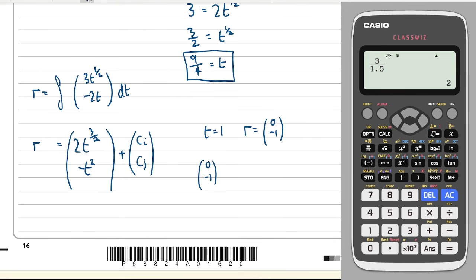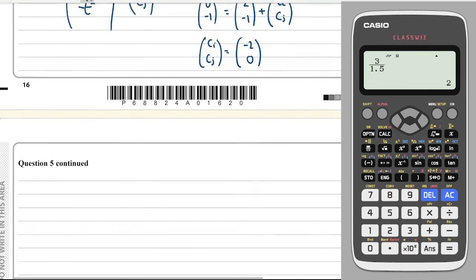When t is 1, this gives me 2. And when t is 1, it gives me minus 1 here, plus ci cj. So that tells me that ci is equal to minus 2 on the top line, because 0 is equal to 2 minus 2. And cj must be 0.